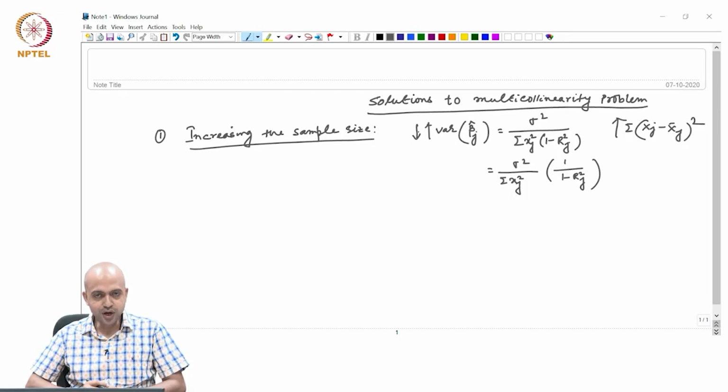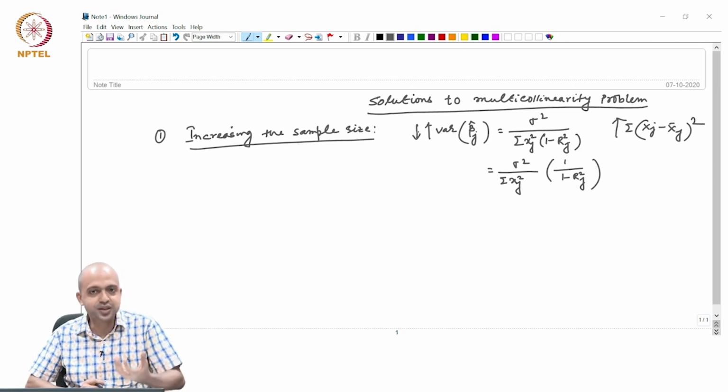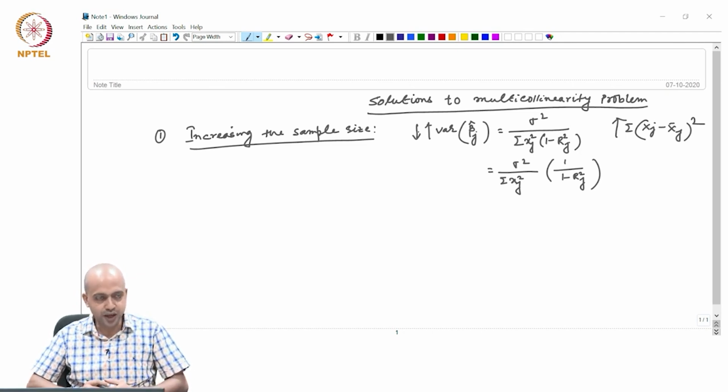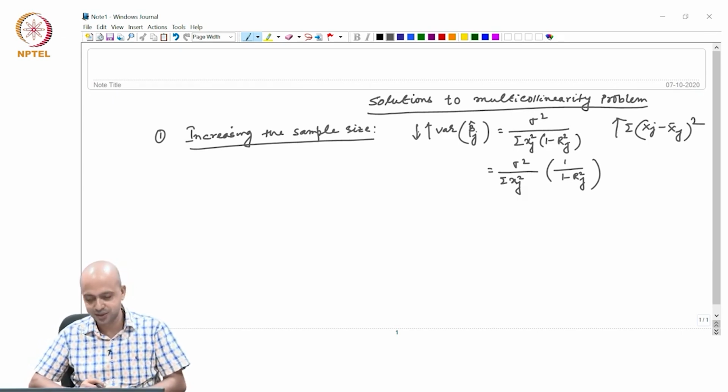So as you increase the sample size, there is a higher probability that you will collect information from individuals with high income but low wealth, and at the same time high wealth but low income. So you can achieve these two things by increasing the sample size.